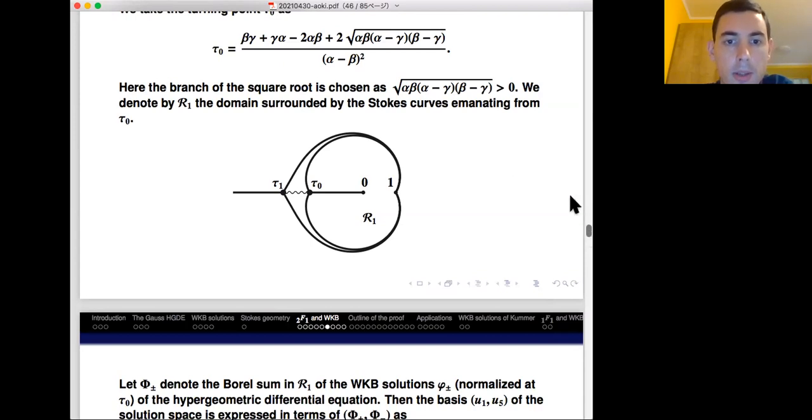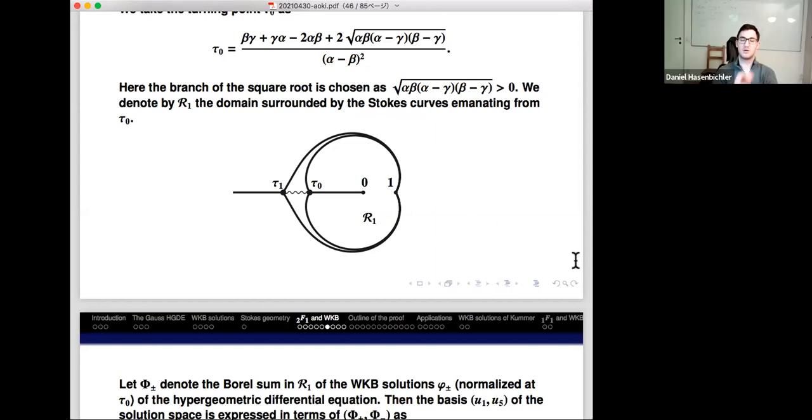But the other points are, I believe, called new transition points by Koike. So those are coming from singularities of the coefficient functions in the Schrödinger equation. So those are not turning points, but other types of transition points, poles. And some of the Stokes lines are running into those points.